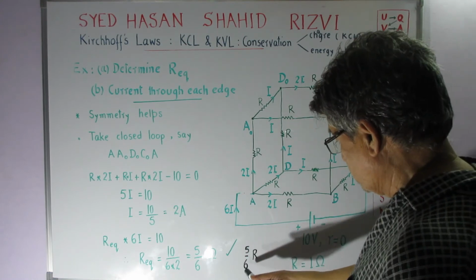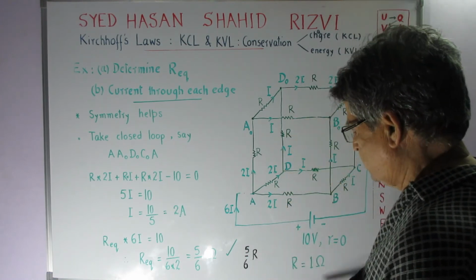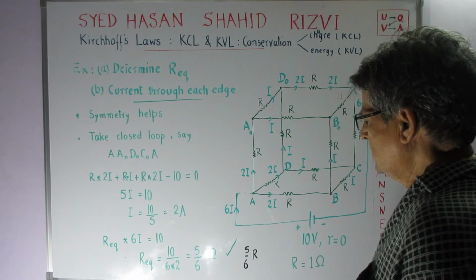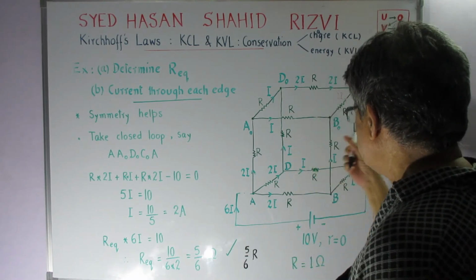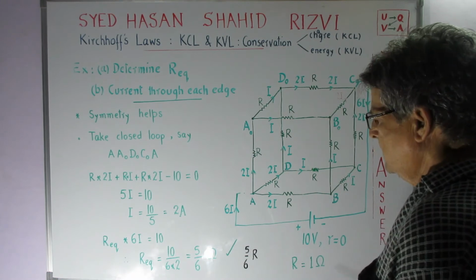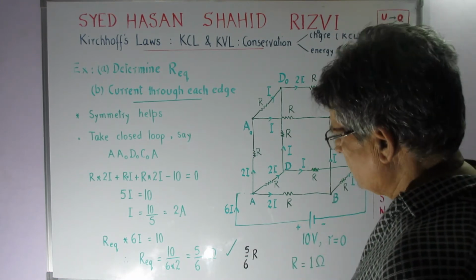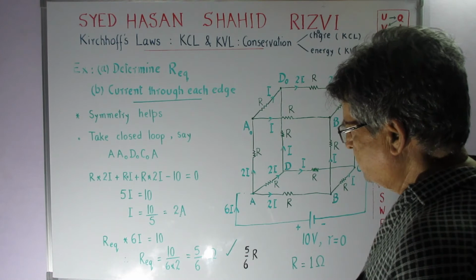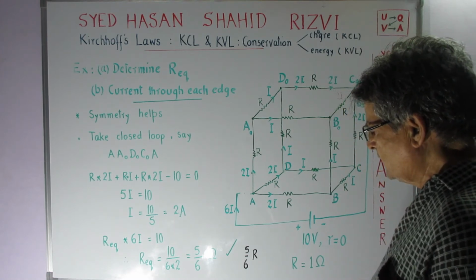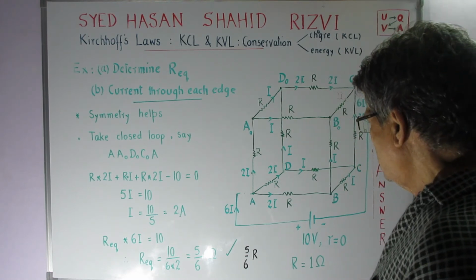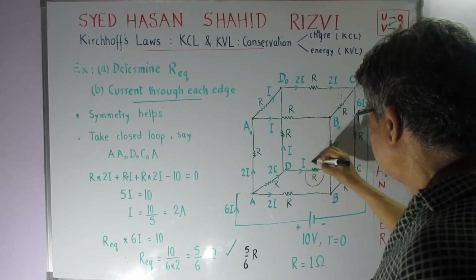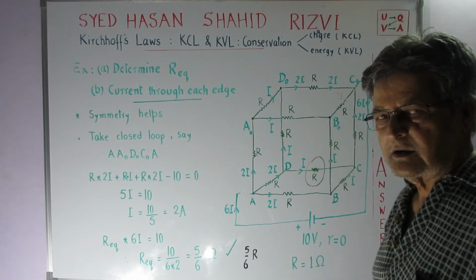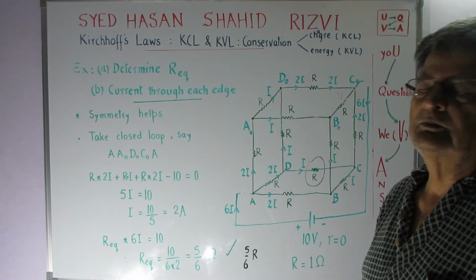It can be taken as 6K also, so that way you can calculate the value of I on each edge, whatever you like. And also, if we are a little more cruel to you, we can ask what is the power consumed by this?